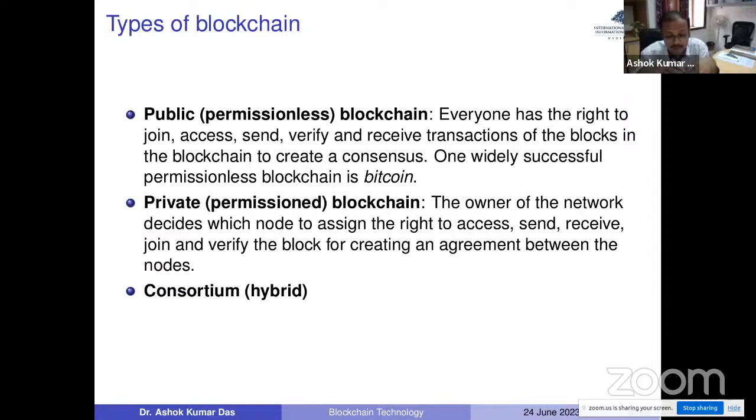Therefore, there is a trusted third party, which is known as a bank. Via the bank, money needs to be transacted. And of course, for each and every transaction, depending on the bank, there will be some commissions that need to be paid by the customer.